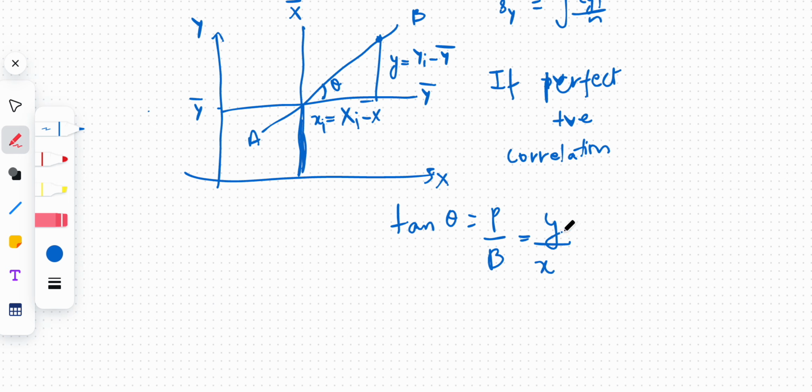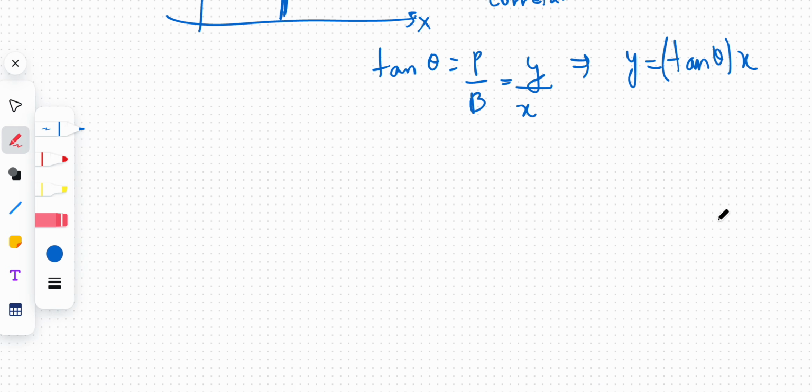So this would mean y is equal to tan theta into x.